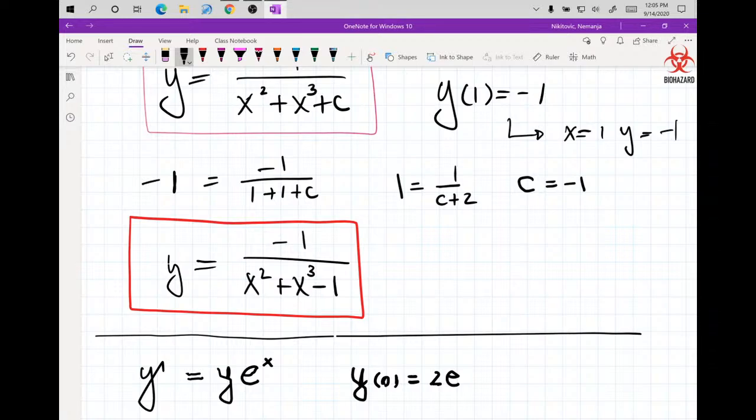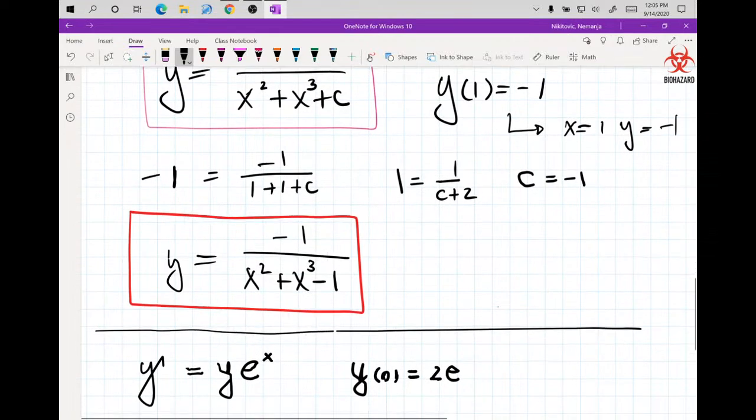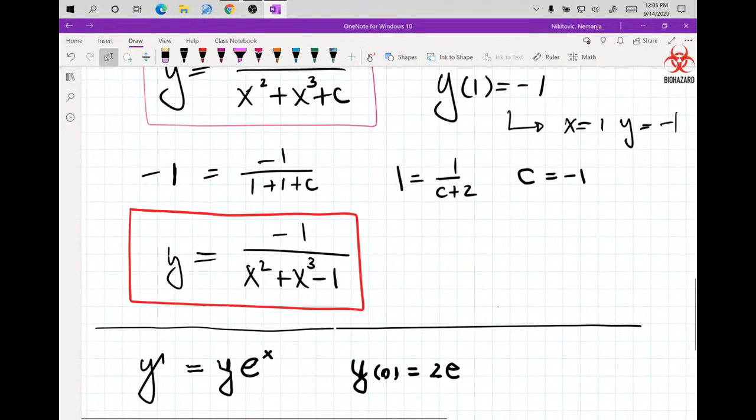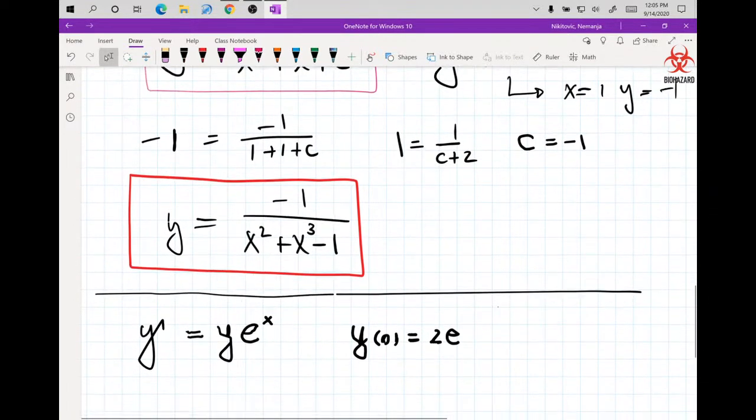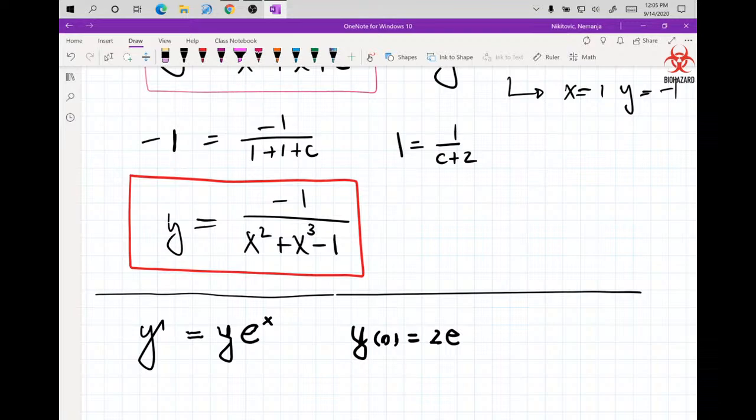I think. X is 1, y is -1, and then plug in -1 for y. Good. X becomes 1. Good. That's 2. It worked out to be -1 anyway.